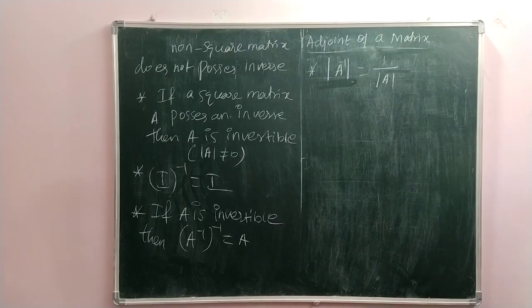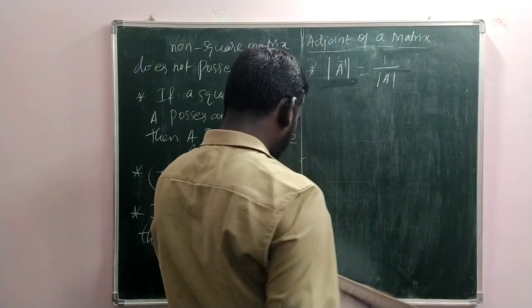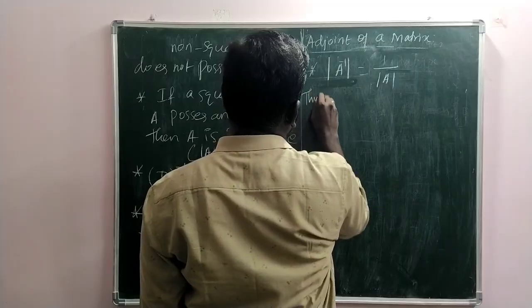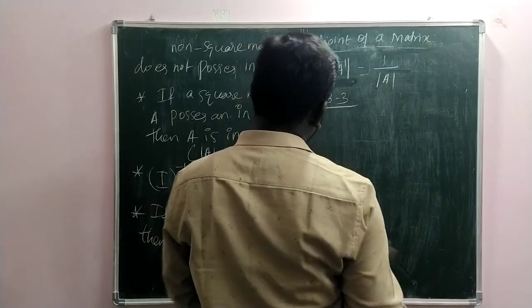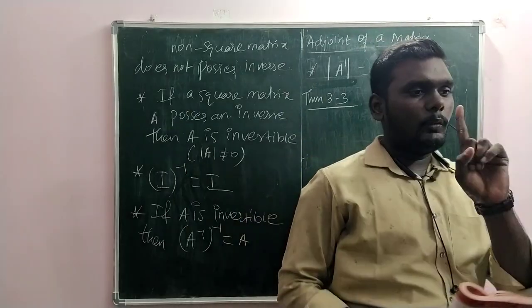And it is followed by several theorems. The theorem 3.3: every invertible matrix possesses one and only one inverse.